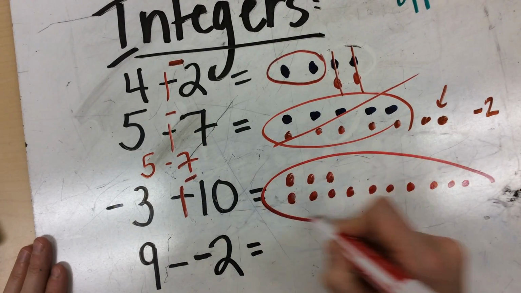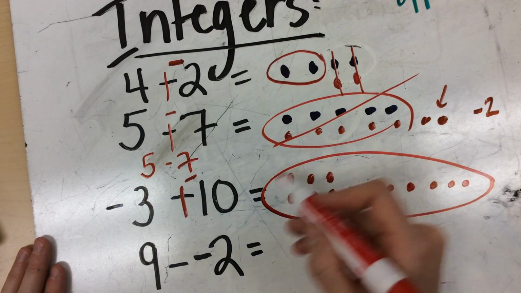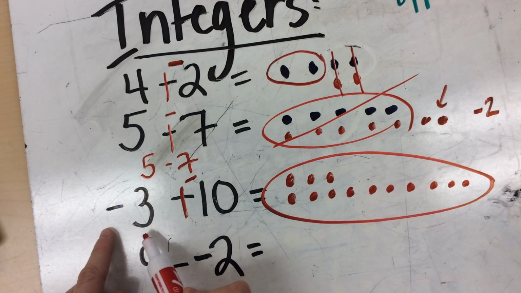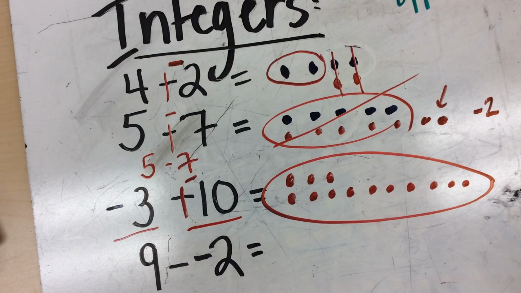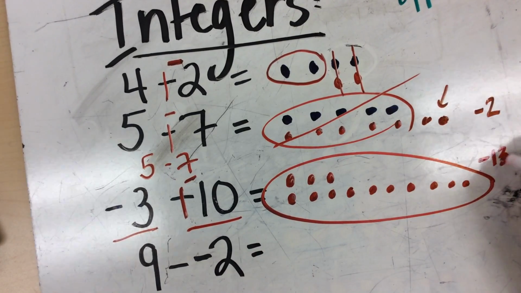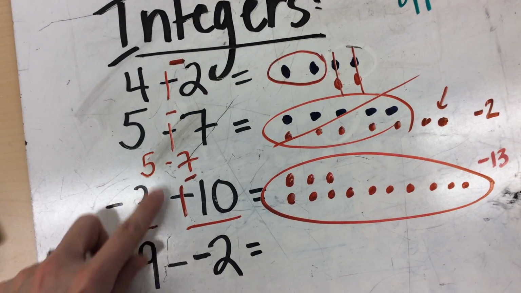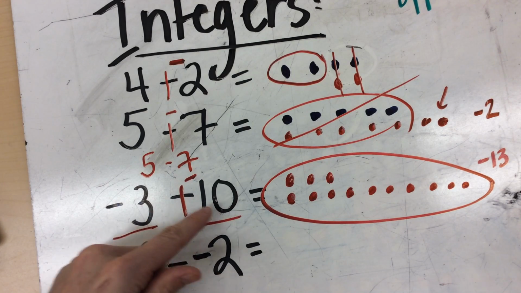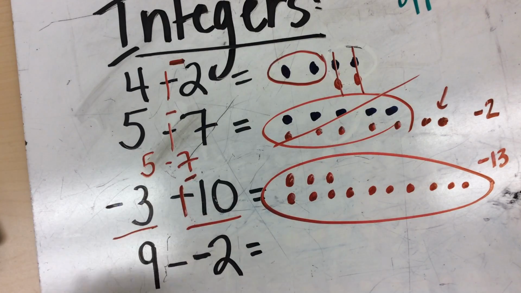Well, how much do I have left here? I have a total of 13 negatives, because I have 3 negatives and 10 negatives. So in this situation, you're already in debt to someone $3, and they're like, hey, you owe me another 10, and you're like, well, now I owe you 13. So maybe you need a part-time job, you know?